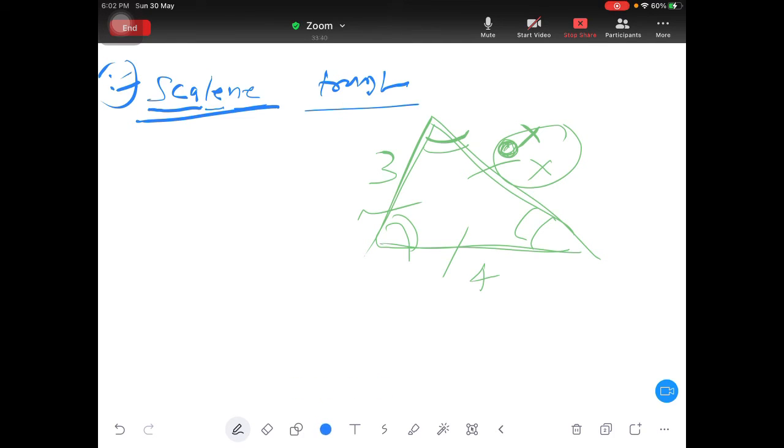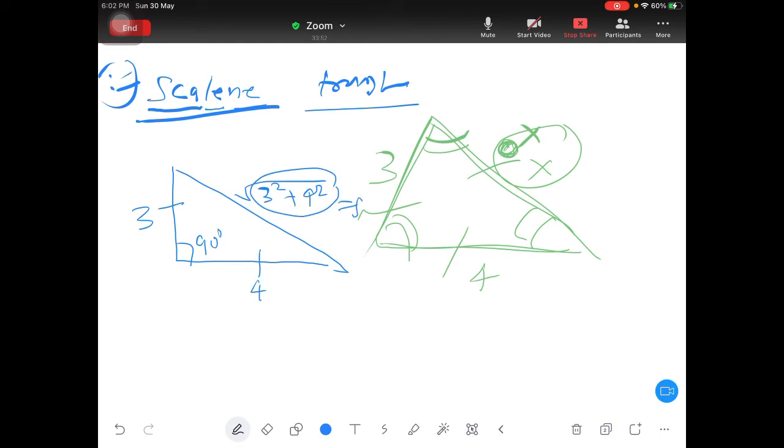Suppose I give you a right angle triangle in which this angle is 90 degrees, this side is 3, this side is 4. Then by applying Pythagoras, 3 square plus 4 square, you get 5. So again, this is an example of a scalene triangle, because a scalene triangle has the idea that no two sides should be the same.